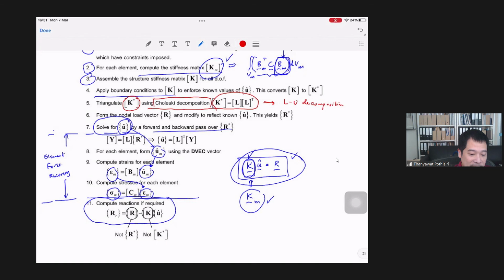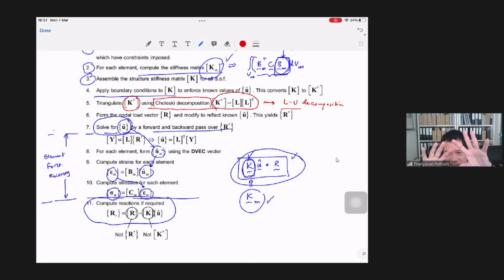That would give you a lower triangular matrix and an upper triangular matrix, and it would cost you a little more computational resource compared with the Cholesky decomposition.